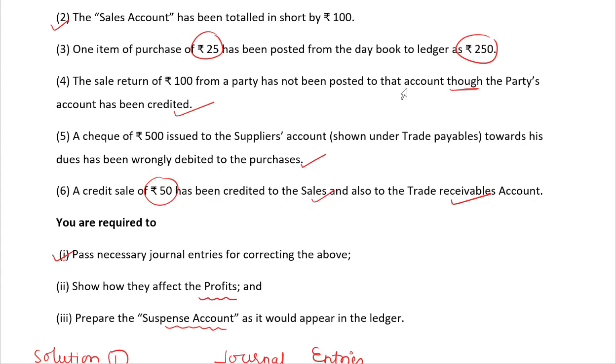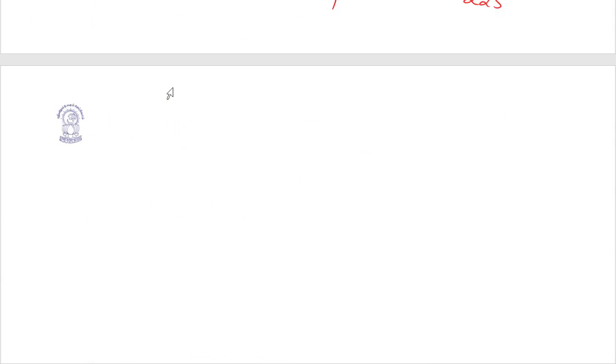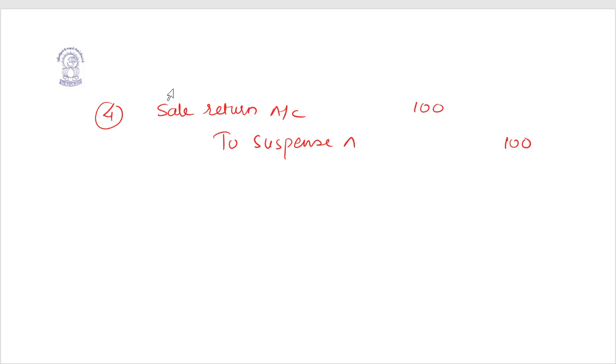But we have credited the party, that means it is a single-sided error. We only need to correct the sales return account. That is point number 4. So sale return account 100, and credit would be nothing but suspense.